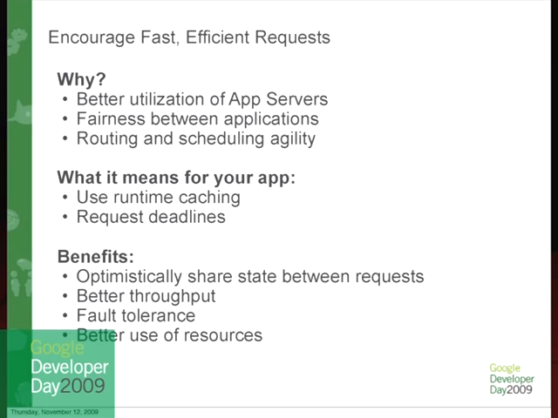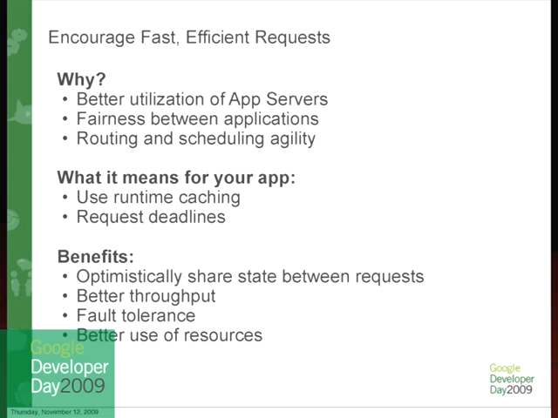We wanted to encourage fast, efficient requests, and that means you should probably use caching. Anyone who's done any amount of work in AppEngine knows that memcache is the secret. When you start using memcache, your application gets faster. We can get better throughput that way, better fault tolerance, and really better use of resources.